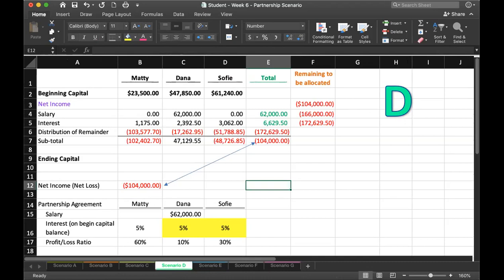I'm going to take a quick look at the homework right now just to see if there is anything else. Okay, homework week 6.